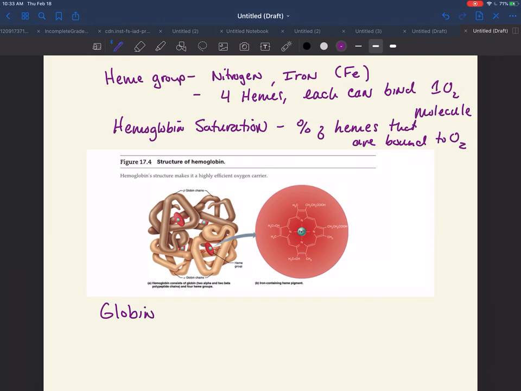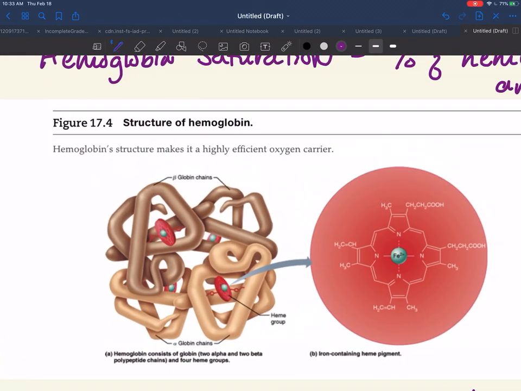We also have the globin groups, and the globin groups actually differ depending upon whether you're an adult or a fetus. So we'll talk about the adult version first. The adult version has 2 alpha and 2 beta globins. And so these are Greek letters. So the globin chains are right here.